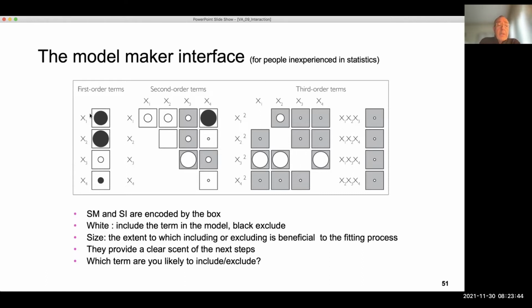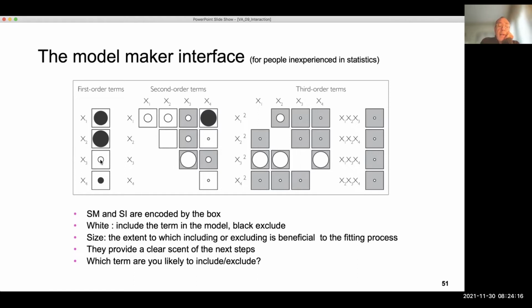And each square represents a term in the equation. This is a first order term. These are second order terms. This is a third one, and so on. And the single movement and the single interaction are encoded in the box. You have just to click with the mouse on the circle to include the term in the equation or to exclude it.